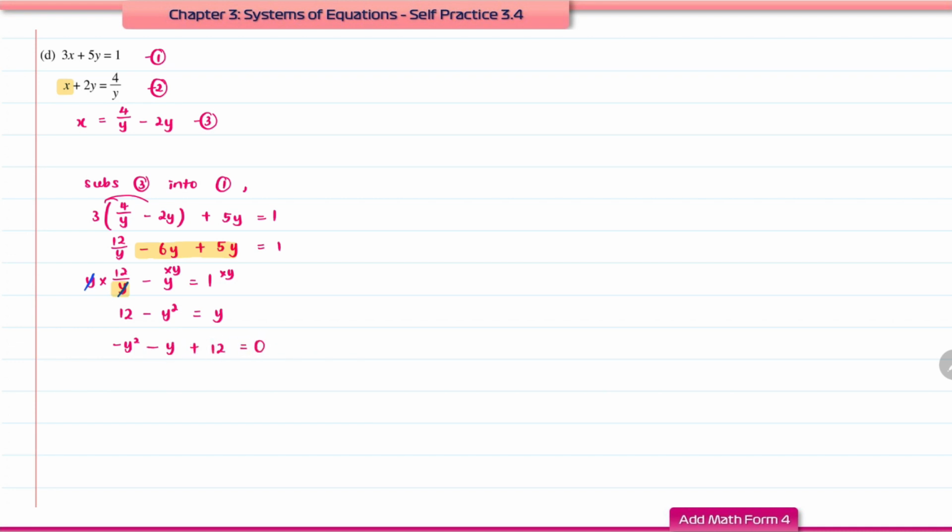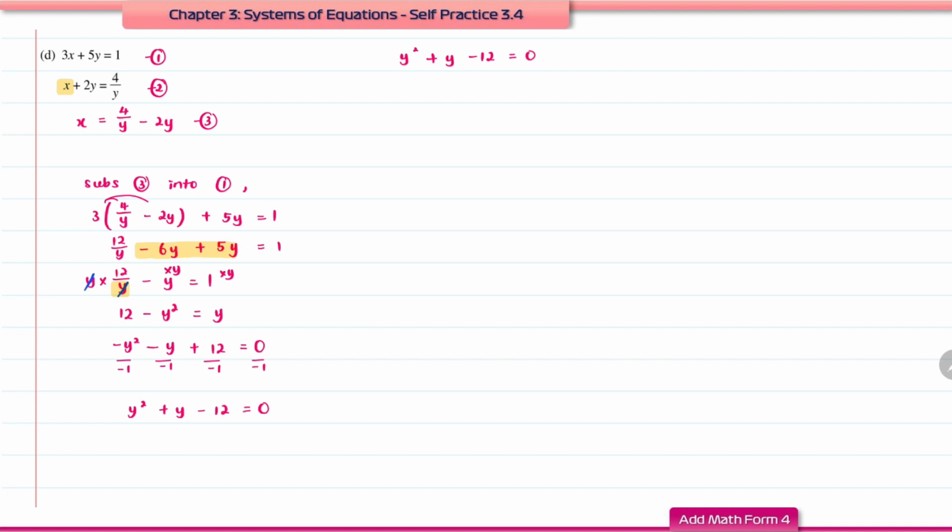So we're going to let the a be positive normally in order for us to be able to factorize it. So for each of the terms here, I'm going to divide it by negative 1, so that my a will become a positive 1. So here you're going to get y squared plus y minus 12 equal to 0. So I'm going to write the quadratic equations up here.